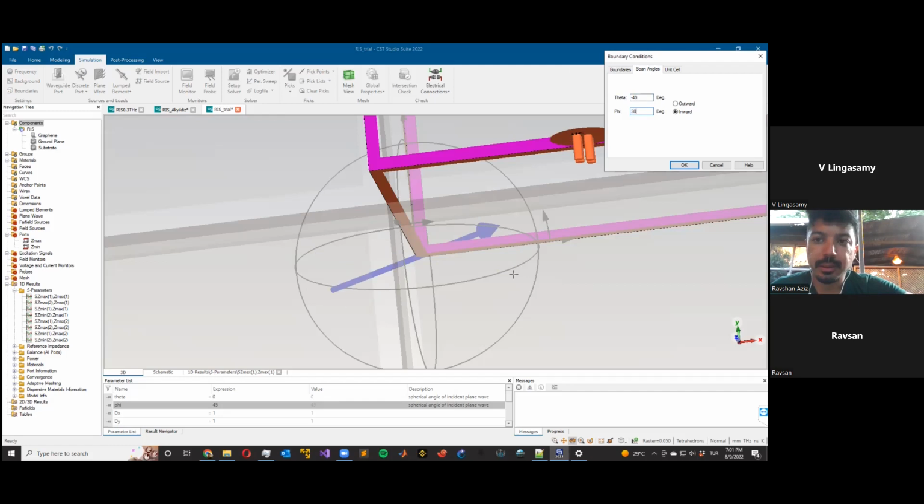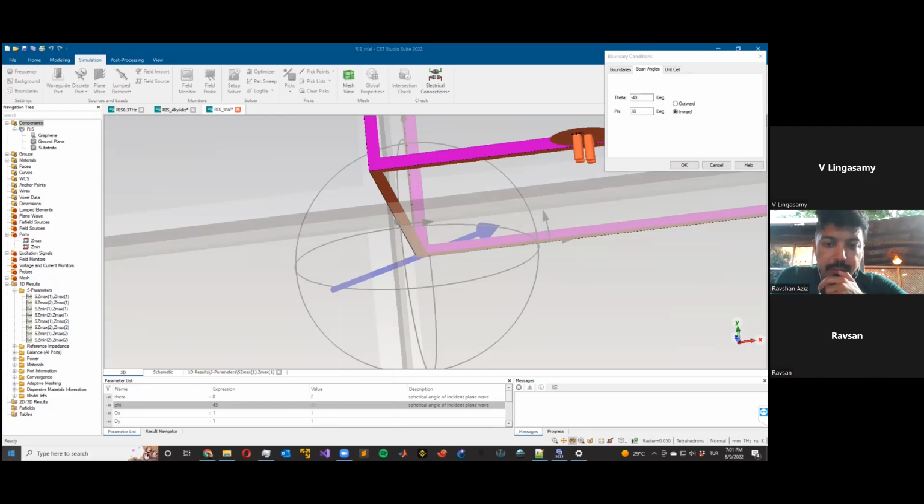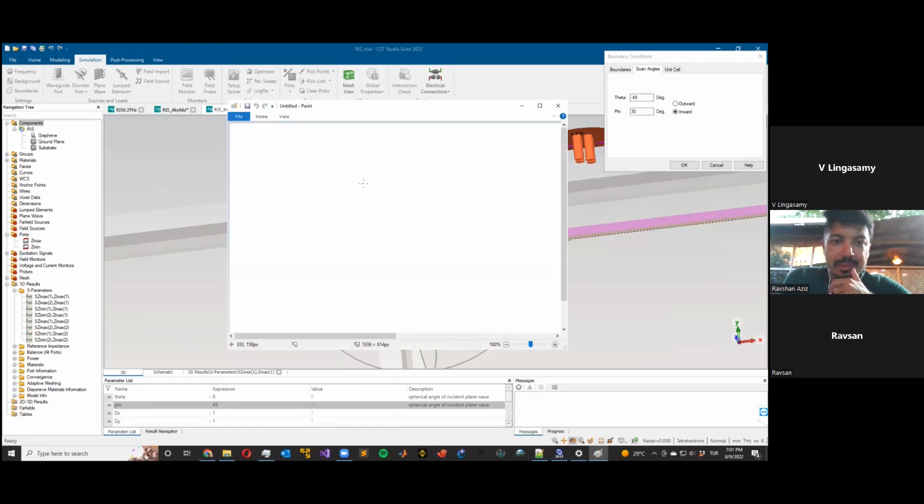Okay. So how it works is, for example, I will tell you. The azimuth plane is something like this, right? The unit cell is sitting on the XY plane.